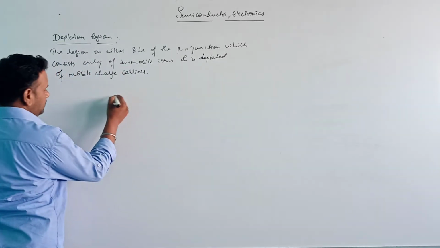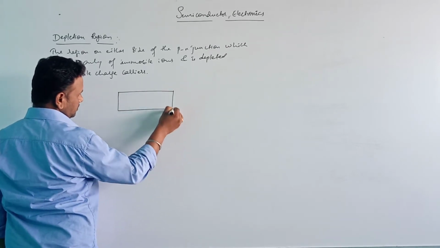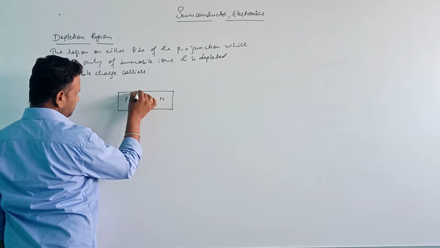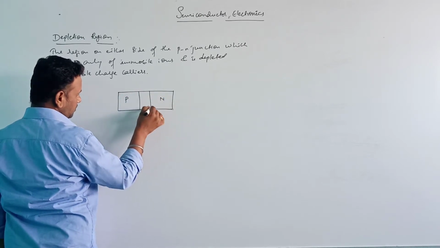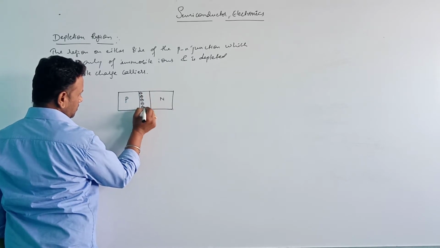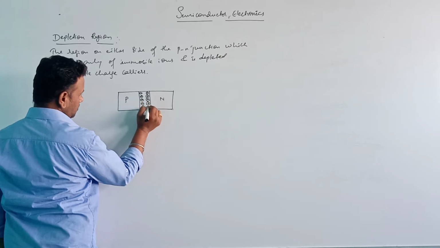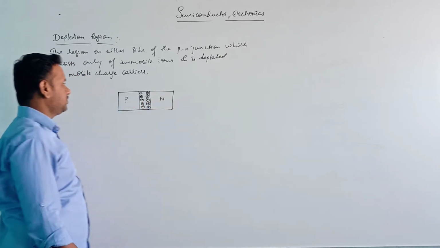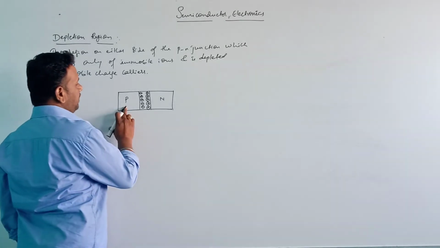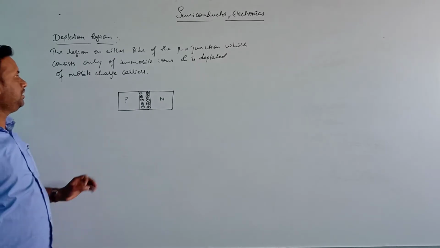So here I am drawing the PN junction. The junction between the P-type and N-type semiconductor is called the PN junction.